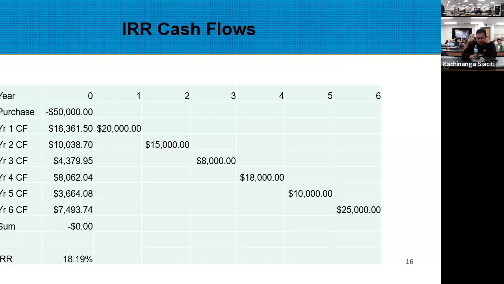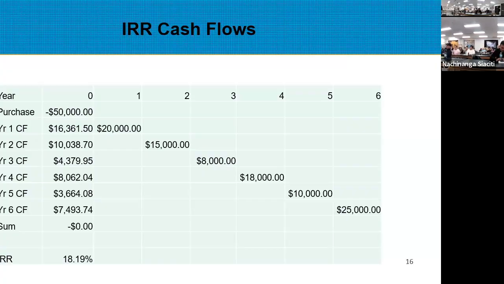First thing we want to do is we figure in year zero, we're making our investment purchase of $50,000. Then we've got our payments coming back each year for the next 6 years. And what we're doing, going back to the internal rate of return formula, is dividing each one of these by 1 plus whatever the interest rate is, raised to whatever power the year is.